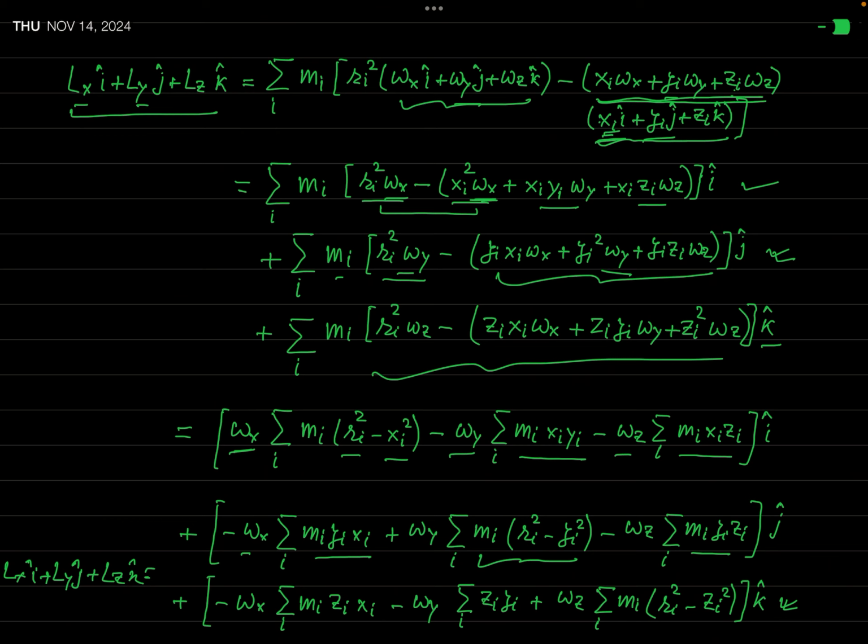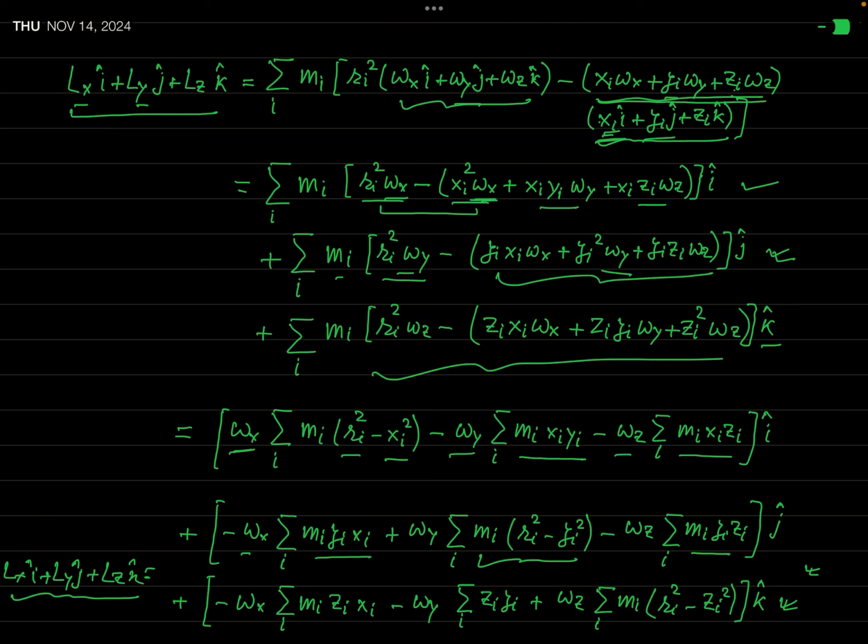Only then can two vectors be equal. Since here the vector in the LHS, which is L_x i plus L_y j plus L_z k, is equal to the vector in the RHS, definitely you can equate the x, y and z components of these two vectors.